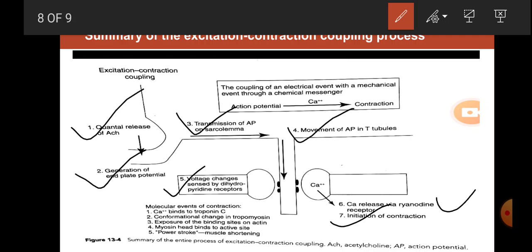This whole process is releasing calcium ions and initiating the contraction.